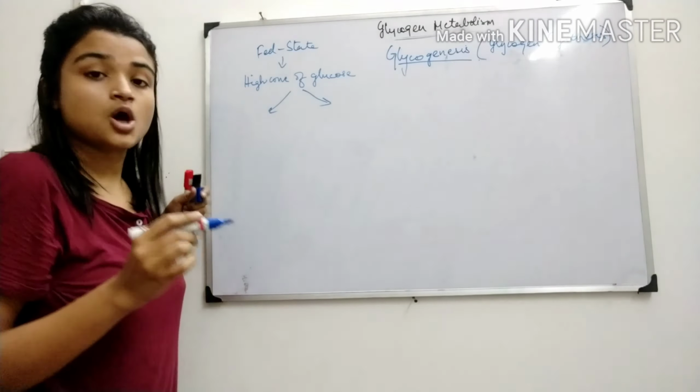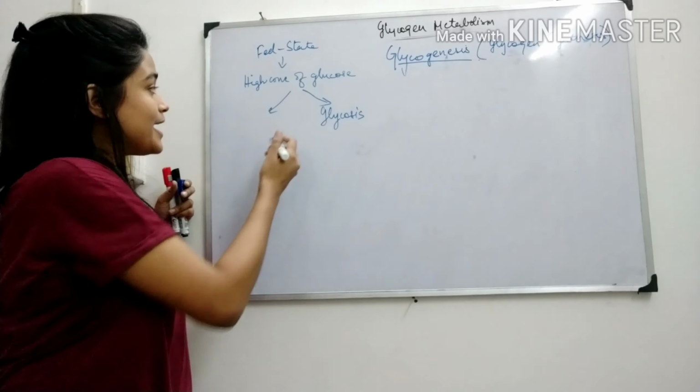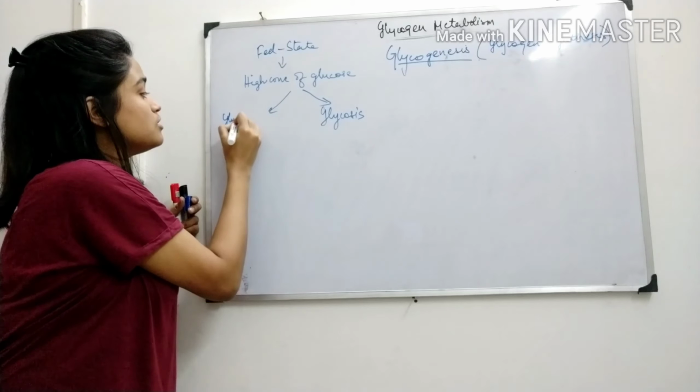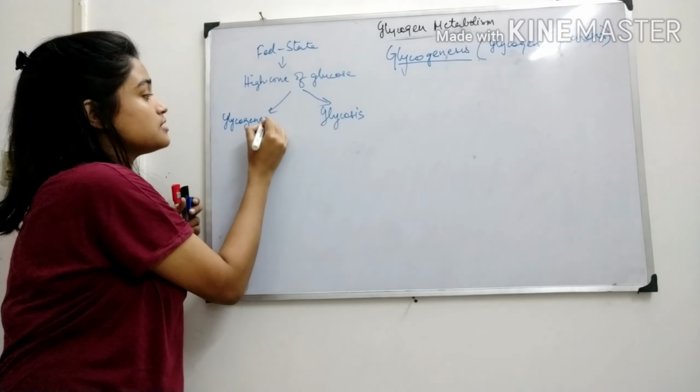One is glycolysis. The level of glycolysis will increase because the cellular activities will increase, because the cells are having a large amount of energy now, high ATP is now present, and it can also lead to the glycogenesis process.